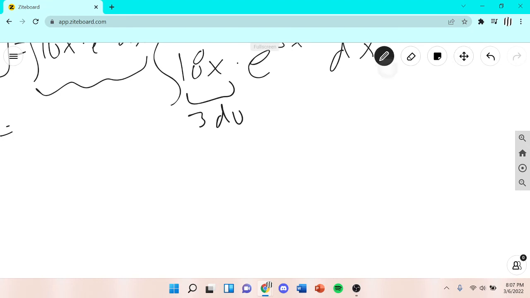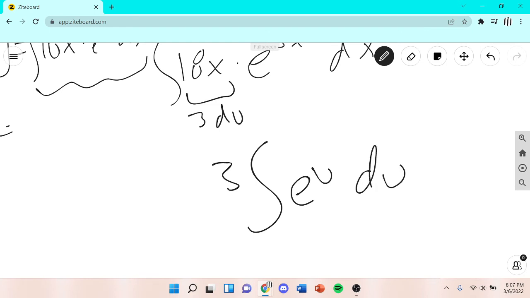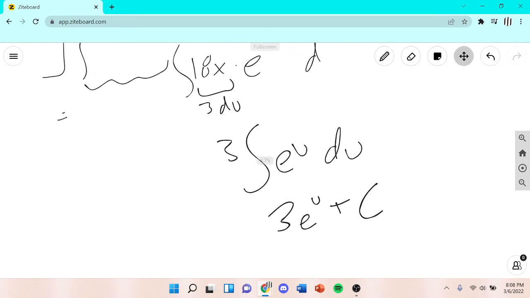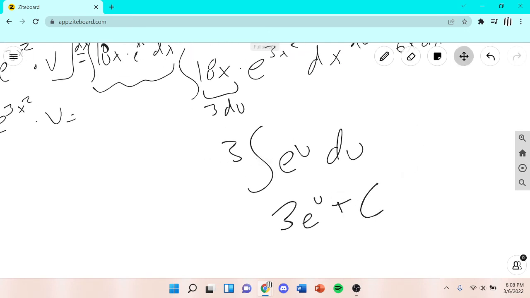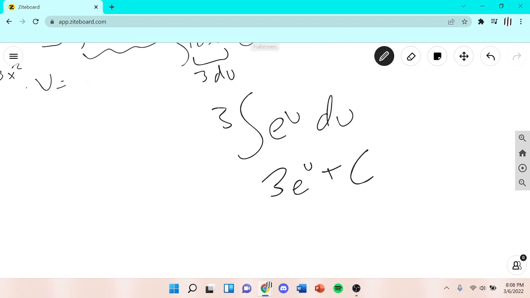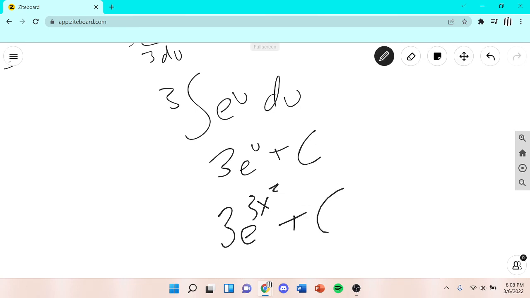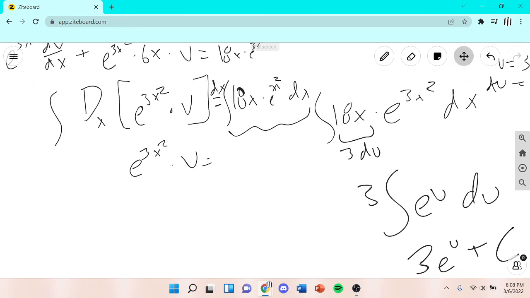So this becomes 3 times the integral of e to the u du. That's just 3e to the u plus c. So that's 3e to the 3x squared, if we set that to u, plus c.